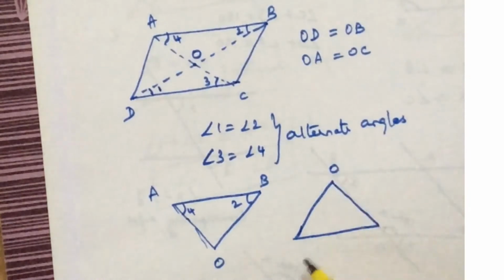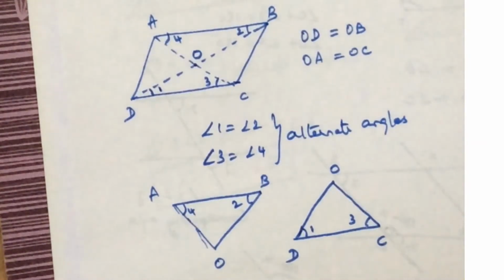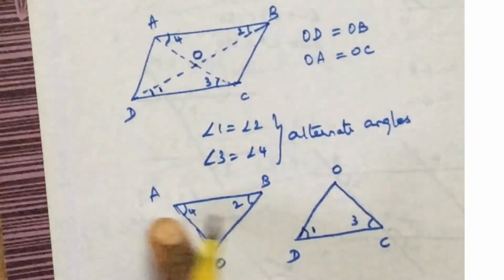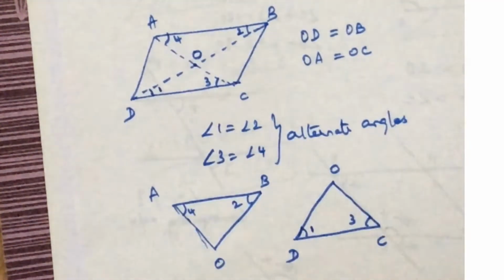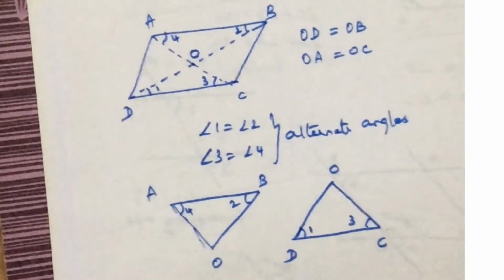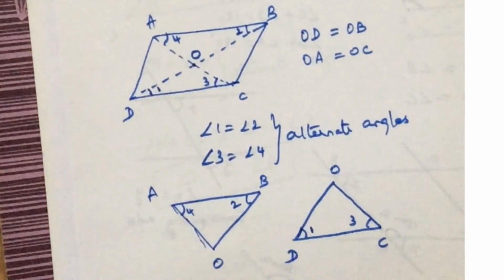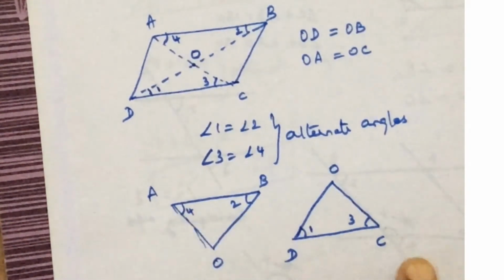This is O, this is D and this is C. This is angle 1 and this is angle 3. The same thing, I have just split it and drawn. This is ABO, a triangle, and ODC is another triangle. Now what I know is angle 1 is equal to angle 2, and angle 4 is equal to angle 3.